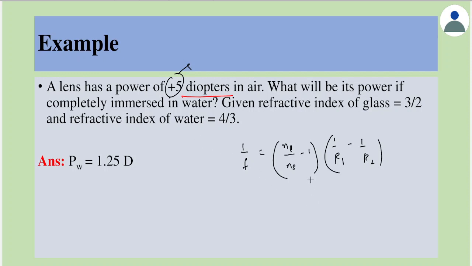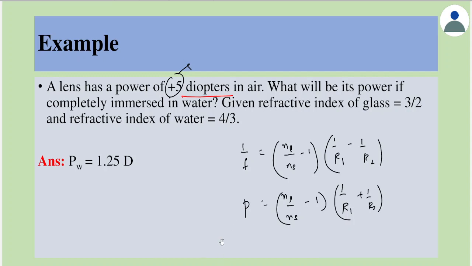So for a convex lens this is modified, and what we get is 1 by F is equal to NL by NS minus 1 into 1 by R1 plus 1 by R2, because for a convex lens R1 is positive and R2 is negative. This is what we get. In terms of power, 1 by F is called power, so we can write this as just power.